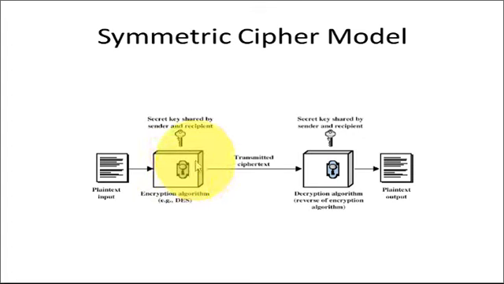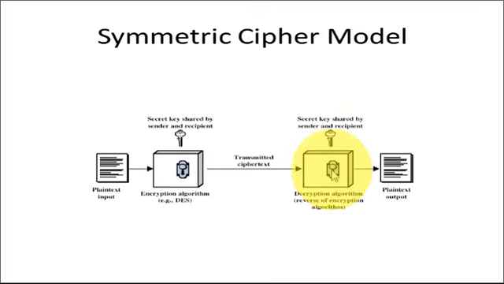The output of this encryption algorithm we say is the ciphertext. This ciphertext is transmitted through the transmission medium. Then on the receiver side, they are going to use the decryption algorithm, the reverse of the encryption algorithm, to decrypt the message.